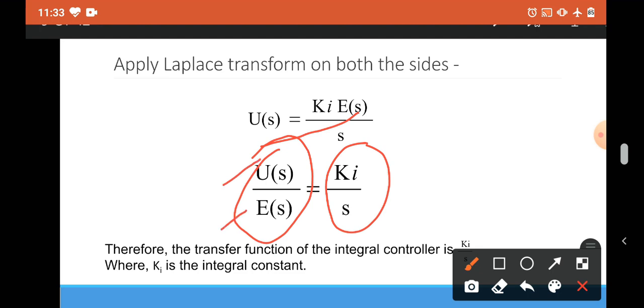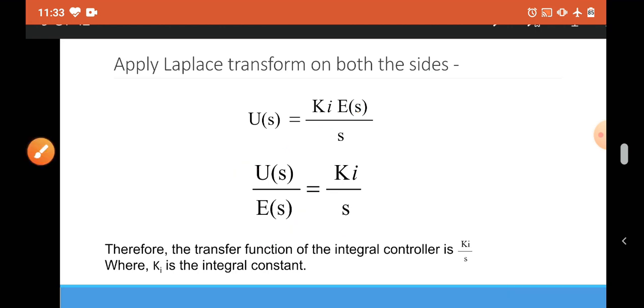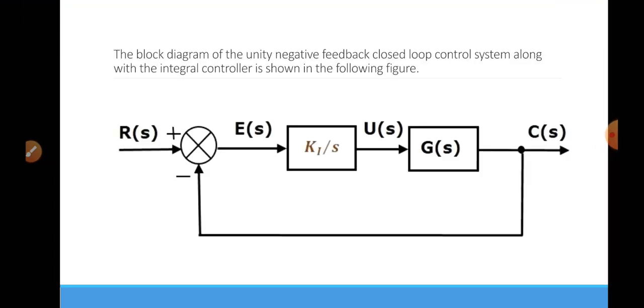Now this is u of s, that is output, this is e of s, that is input. So output upon input is nothing but gain or transfer function, and the transfer function for this integral controller is equal to ki by s. This is the gain of this integral controller, and ki is also known as integral constant. Now let us see it in the form of diagram.